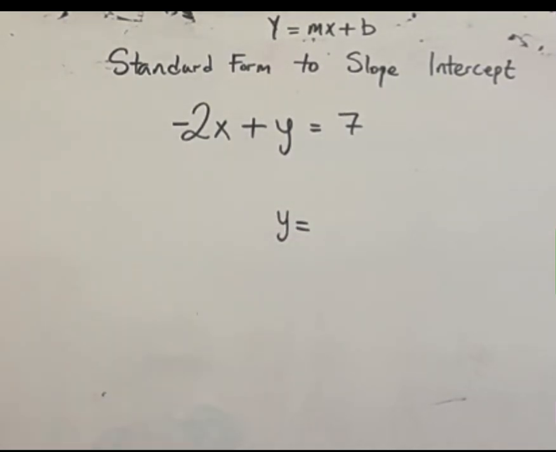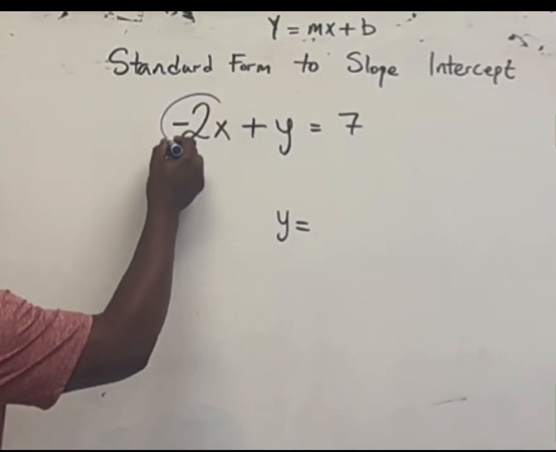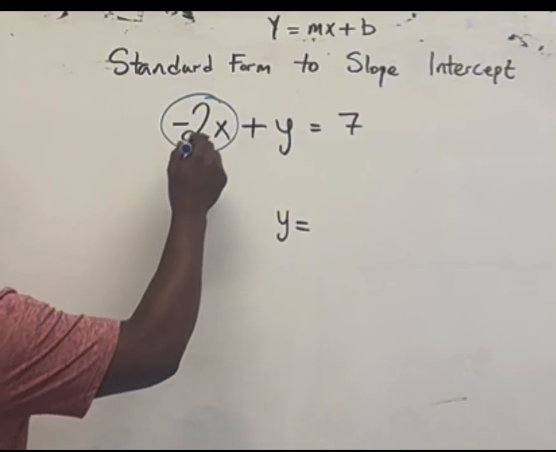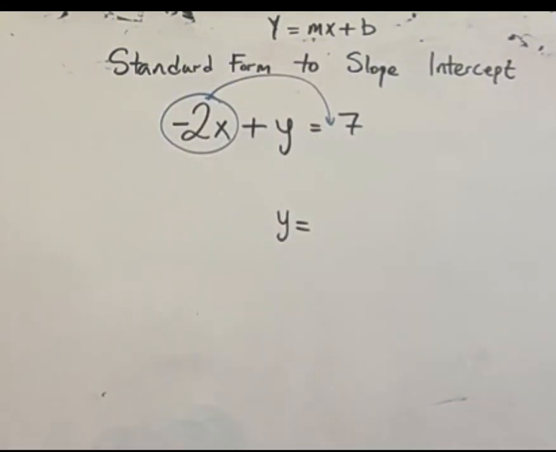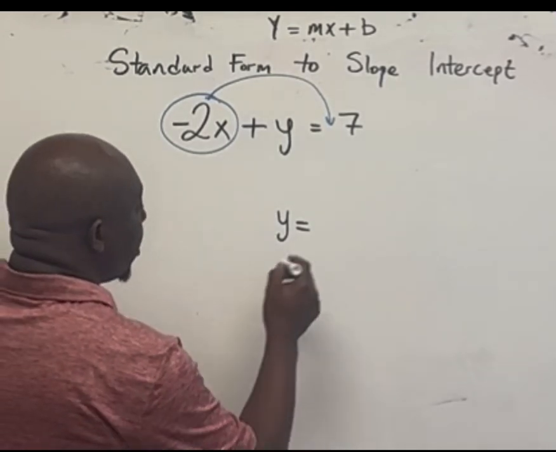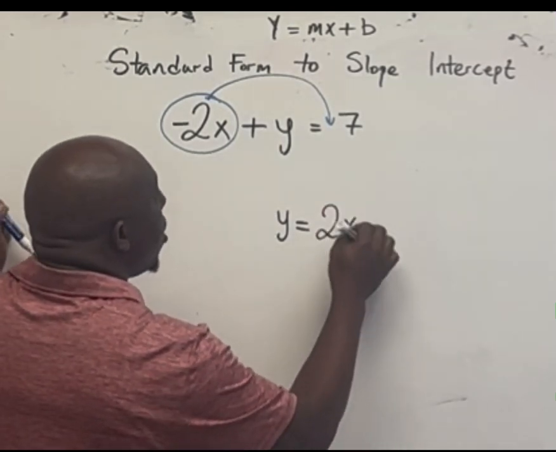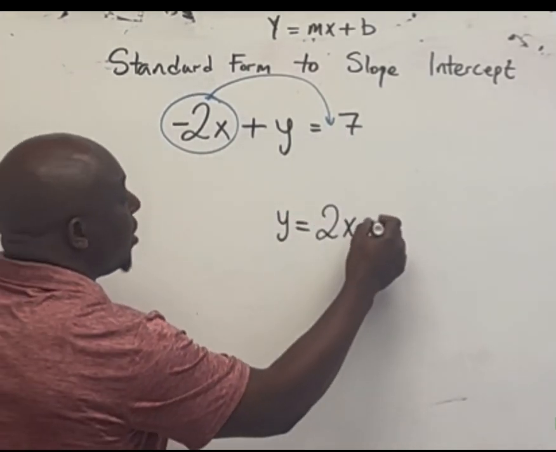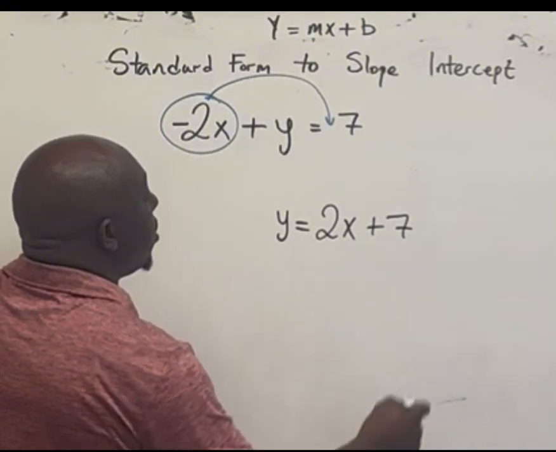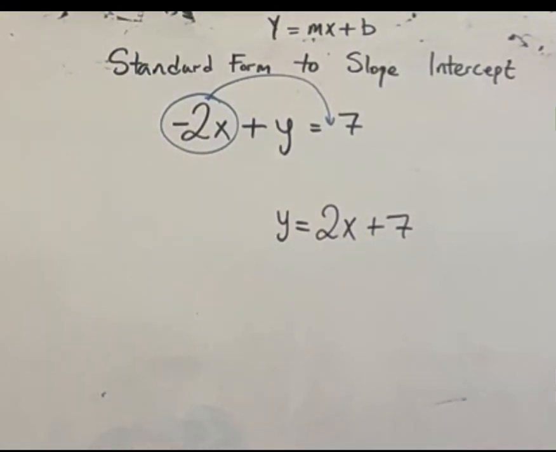It's y alone already. What do we do? Move across, change the sign. Move it across, and I'll put it in the front there. Then it becomes 2x. After that, you drop it down, and it becomes plus 7. Not just 7, say plus 7.